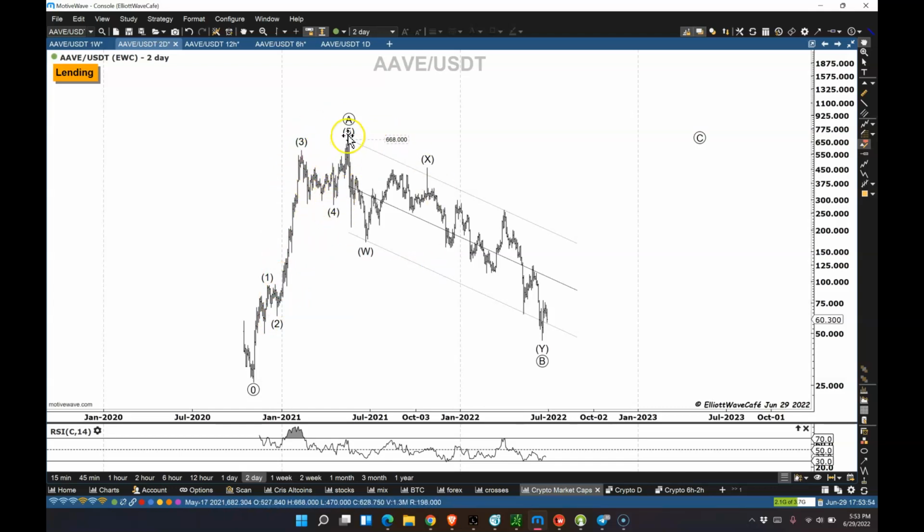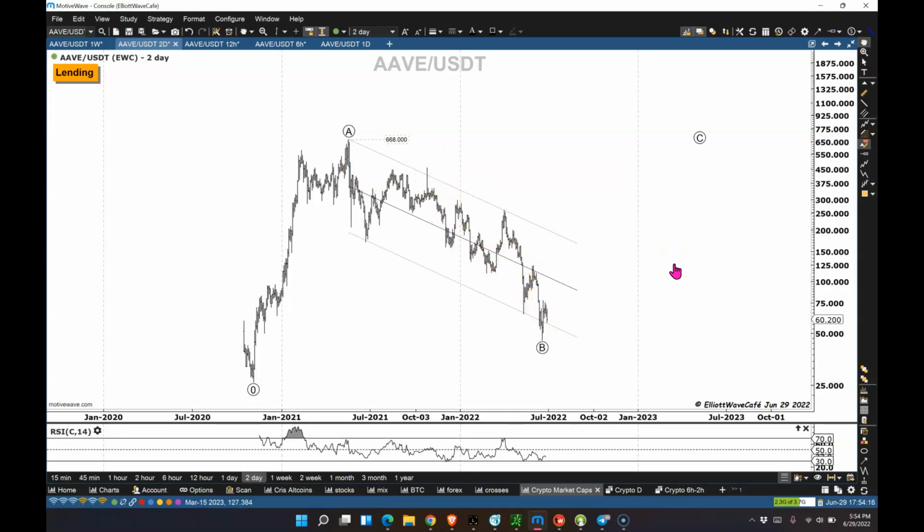Then we have a fourth and a fifth, and from this high to this low, we have an A, B down in C for the wave W. Then you have a little bit of a messy complex X wave, and that fails near these B wave highs, and then you drop sharply lower in the next corrective sequence.